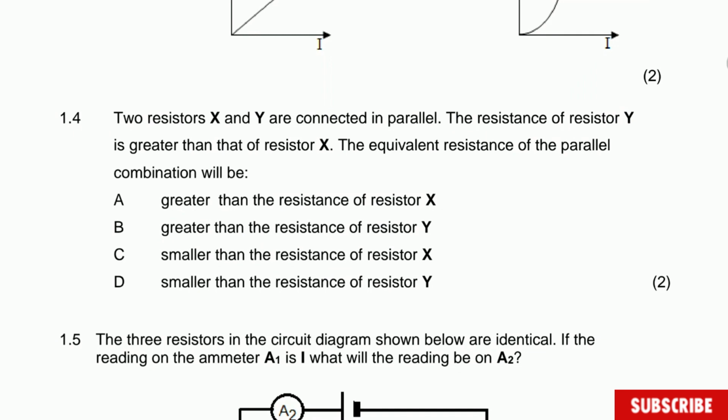For this question, I think there is a very important note we must take. We must know that the equivalent resistance of the parallel connection, and this is a general note I want you to write, will always be smaller than the smaller resistor.